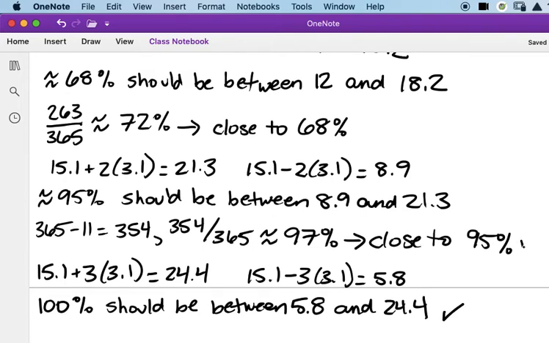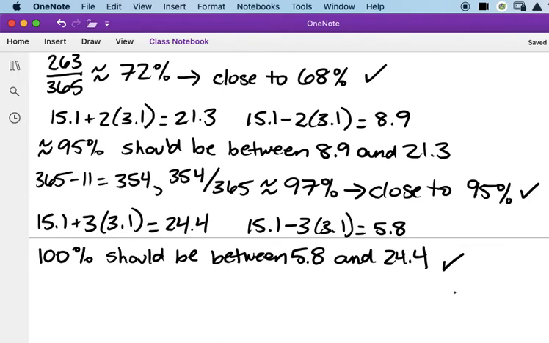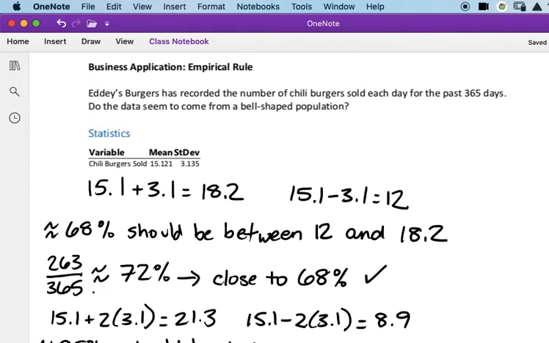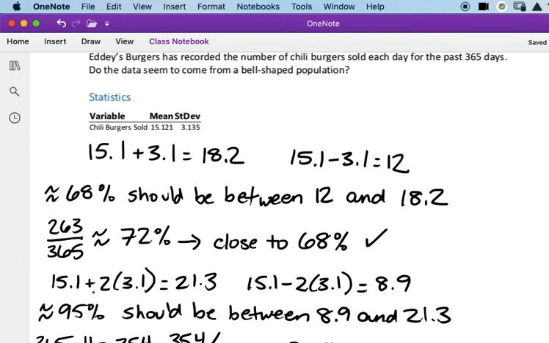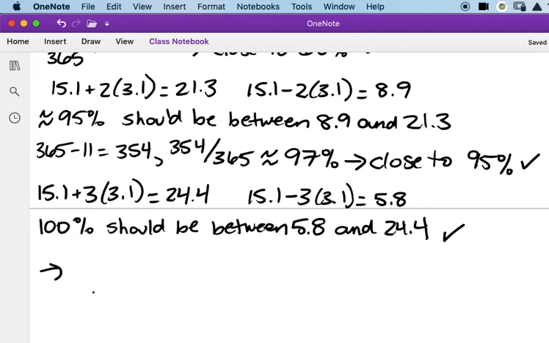So our values for within 1 standard deviation, 2 standard deviations, and 3 standard deviations all were fairly close to the percentages that we expect. And therefore, we can conclude, in order to answer my question, do the data seem to come from a bell-shaped population? The answer is yes.